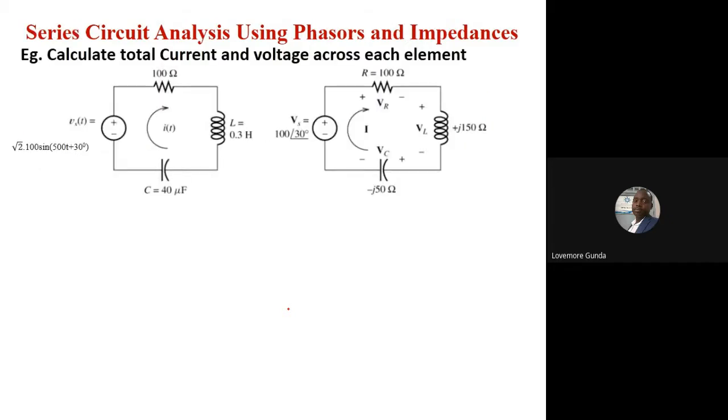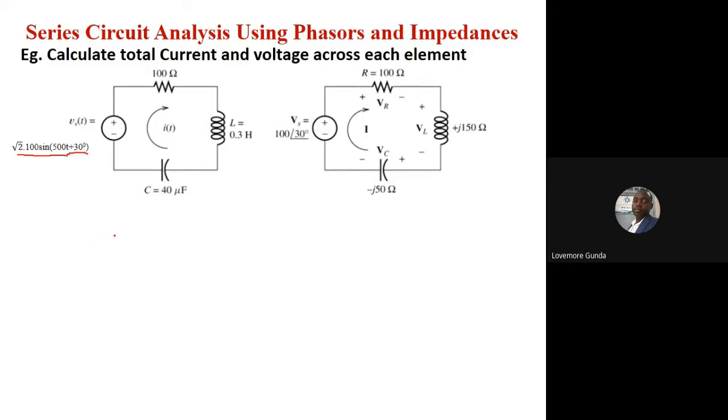Okay, so let's go to an example. Calculate the total current and voltage across each element. We are given that the voltage Vs is equal to root 2 times 100 sine 500t plus 30 degrees.